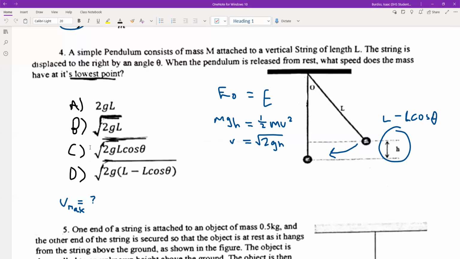And so that means we can change h to that, because we know that's what h equals. So it's 2 times g times L minus L cosine of theta. And so that is your answer, and that is D. So that's the correct answer for that one.